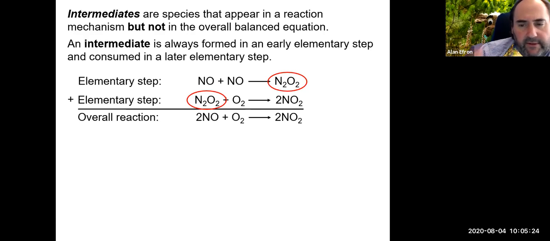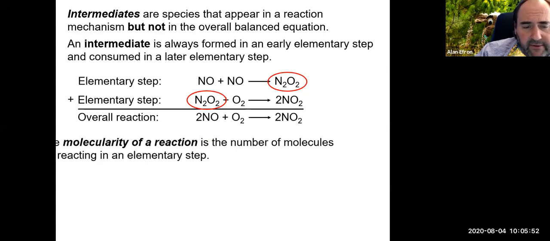Now there could be a case where you cancel something but it's still there and it does appear in the overall reaction. That would not be considered an intermediate. So an intermediate has to be formed early on in a step and then get completely used up by the time it's all said and done. An intermediate should not find itself in the overall reaction. And again, in this case, the N2O2 is not in the overall reaction, so it is considered an intermediate.